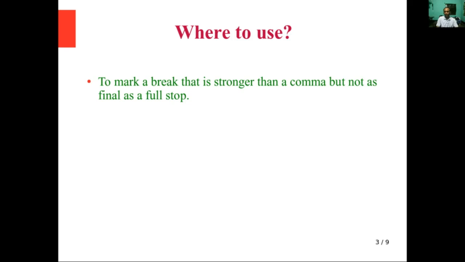And for tiny short break in a sentence, we use comma. But for semicolon, the break has to be a little stronger than the comma and a little weaker than a full stop. So that is what we mean by to mark a break that is stronger than a comma but not as final as a full stop.